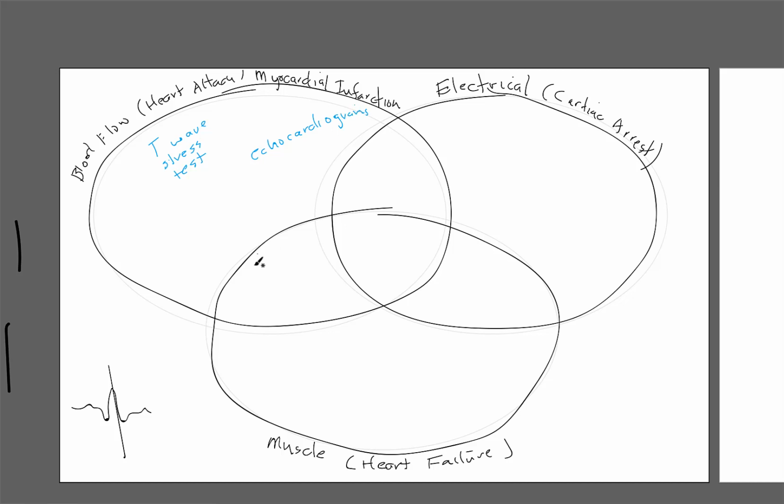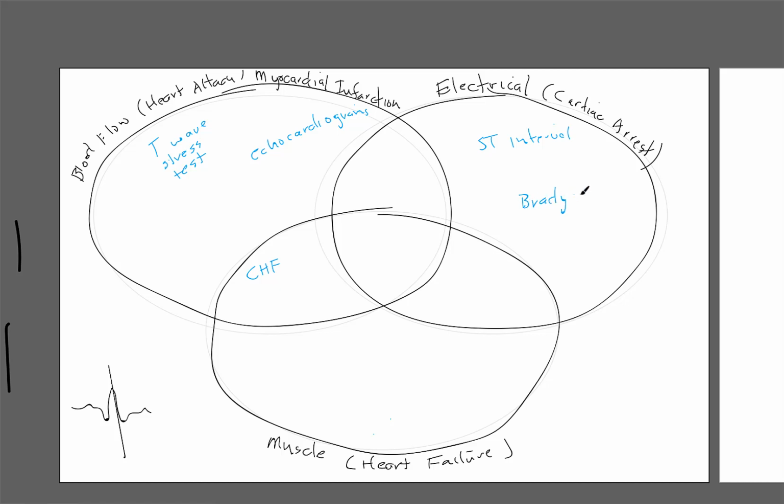CHF could potentially be right in here, because you can see the lack of blood flow, or too much blood flow, show up on something called a QRS axis. And then you can also see heart failure, so you can see CHF down here. Over here, electrical problems, of course, you've got all kinds of things like the ST interval, so EKG kind of stuff. You can look for bradycardia.